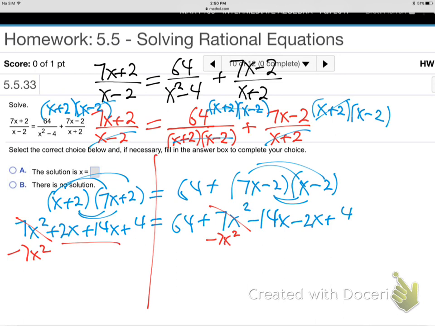So now gather like terms. 2x and 14x is 16x. Never mind. Minus 14x and minus 2x is minus 16x. 64 and 4 is 68. Get you there?